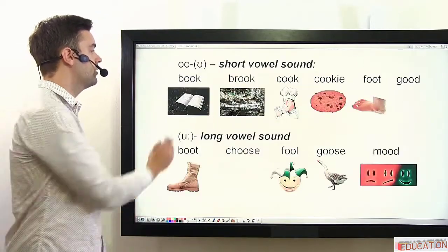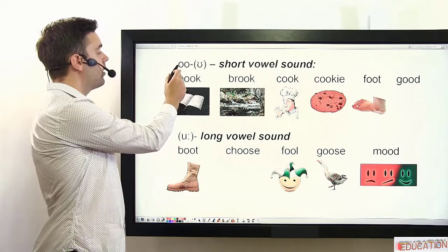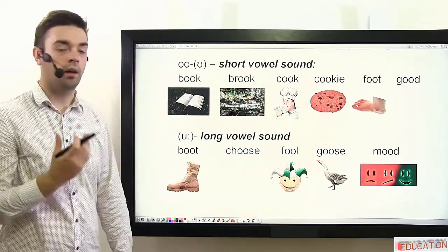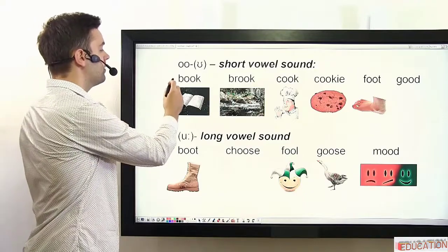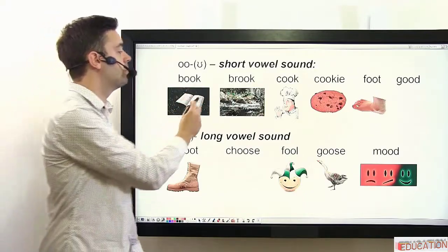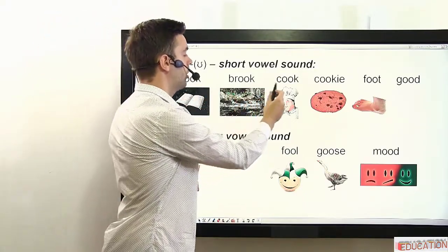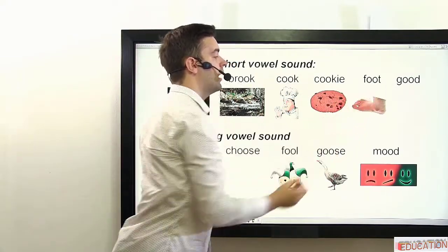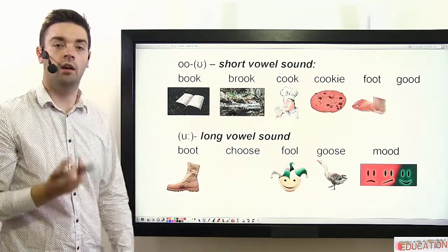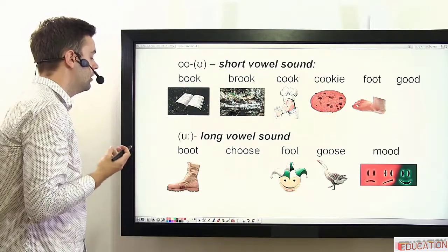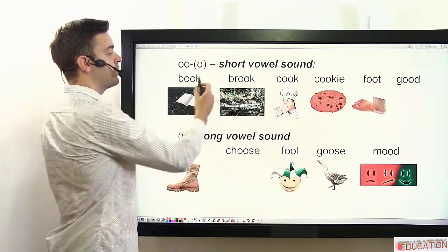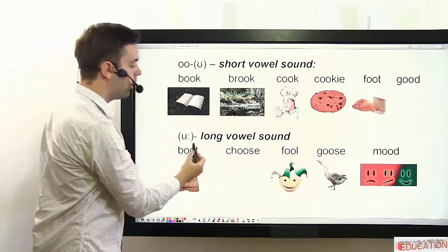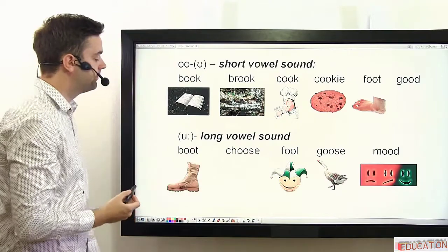When we join two O's together, we get a short sound. So you can get book, brook, cook, cookie, foot, and good. That's a short vowel sound. When we join two O's together, we can get a long vowel sound as well.